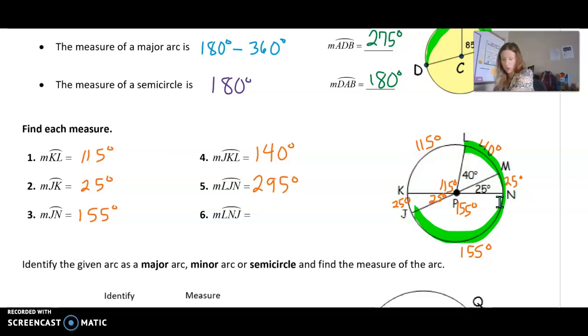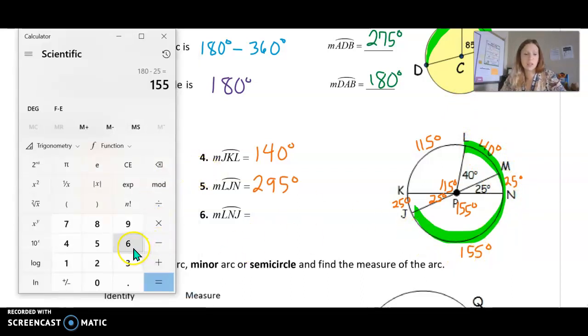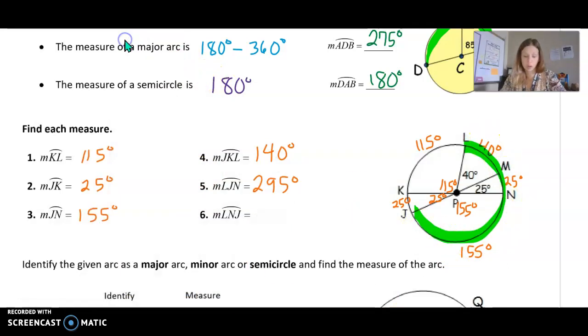So a similar process, you're going to add them up and see what you get. So we've got 40 plus 25 is 65. 65 plus 155. So the total of this big arc is 220. Remember, major arcs should be large. They should be more than 180 degrees.